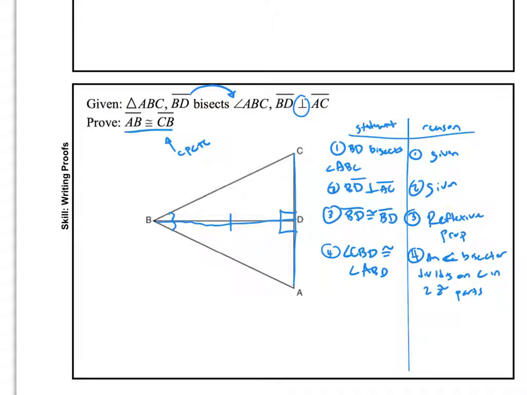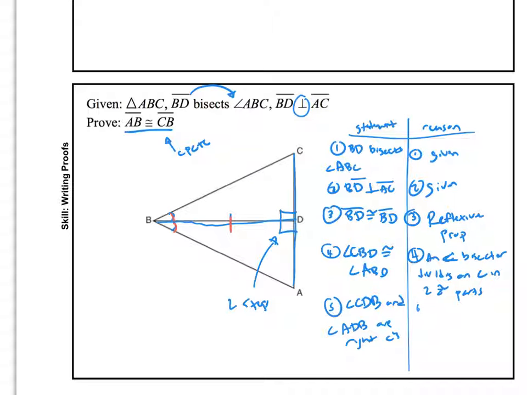Five, so now I've talked about the side. I've talked about the angles. I've got to talk about the right angles. And remember, the right angles are always two steps. So first I'm going to say angle CDB and angle ADB are right angles.